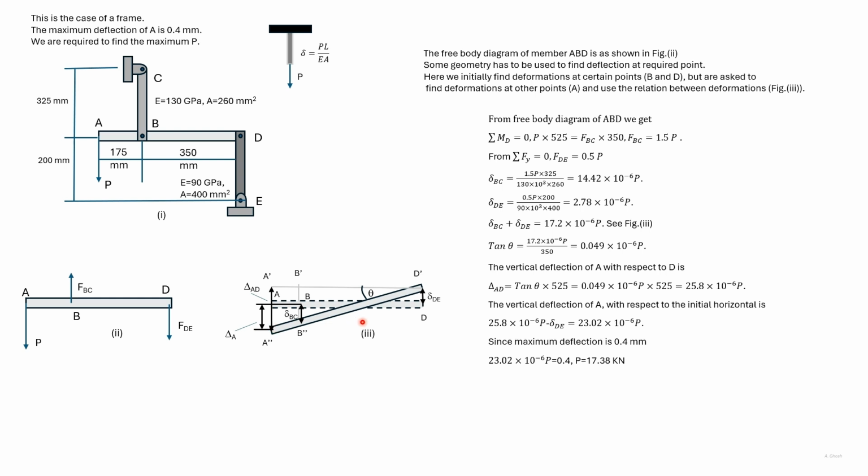Now if we subtract del DE from del AD, then we come with del A. We find del A, which we already know to be 0.4 millimeter. So we find del A in terms of P. So equating that, we get the value of P.